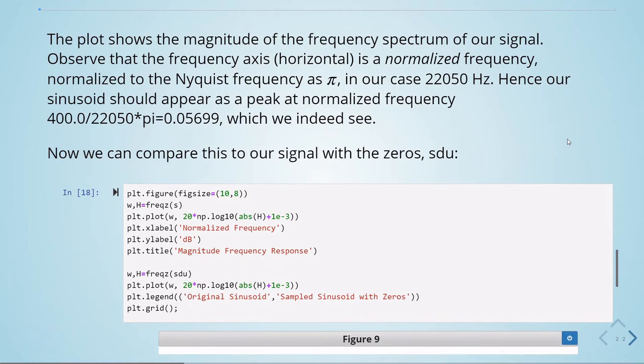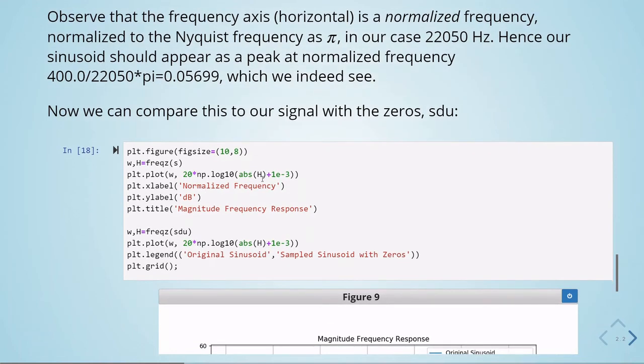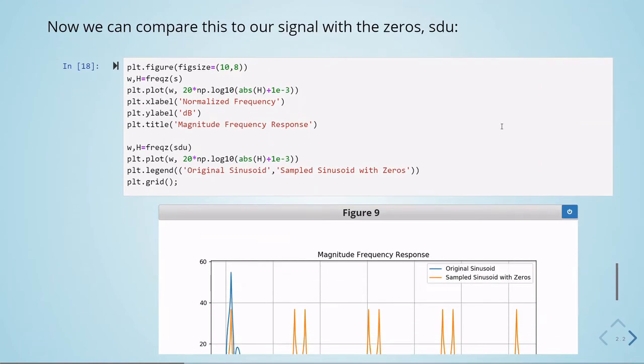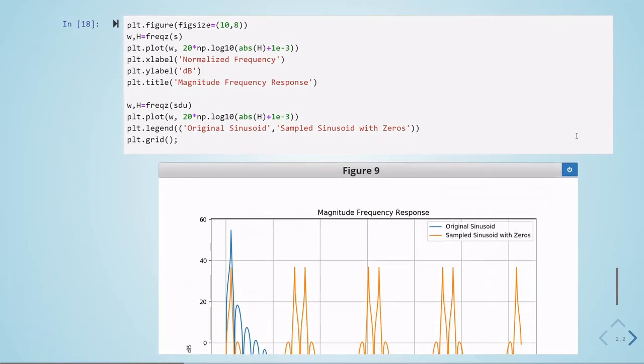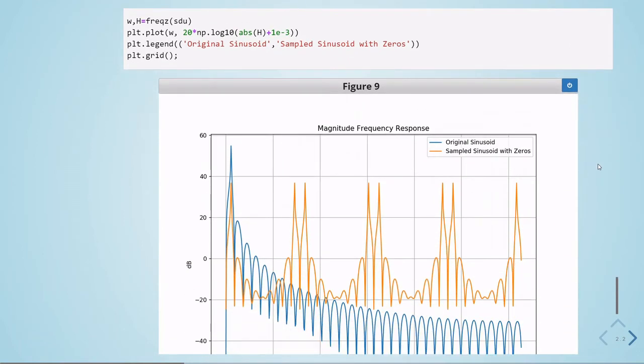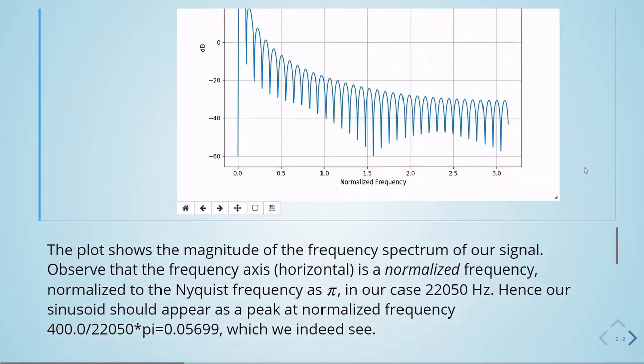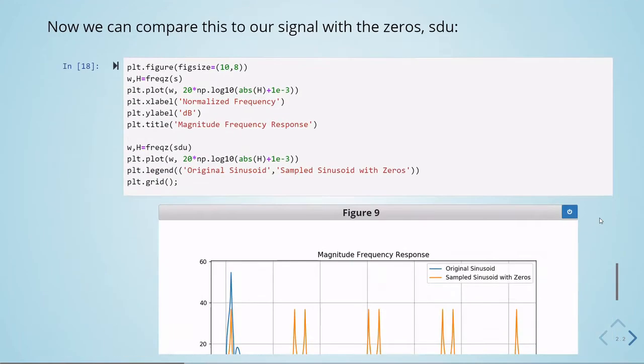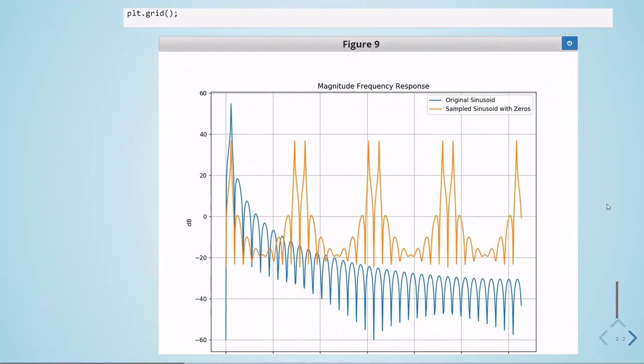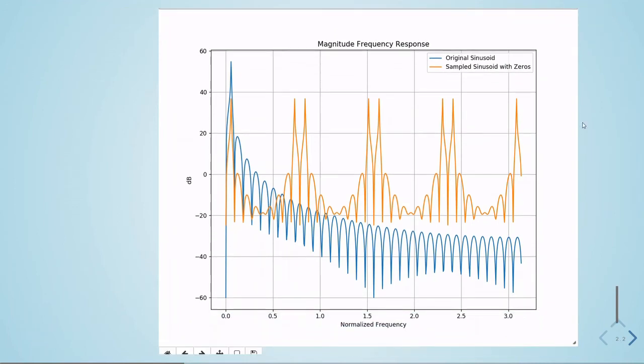Now we can compare this to our signal with the zeros, the SDU. What we are plotting now is the normalized frequency and the magnitude frequency response of the original sinusoid and the sinusoid with zeros. In blue we have the original, the same as this one here, but now we have the downsampled version with the zeros in orange.